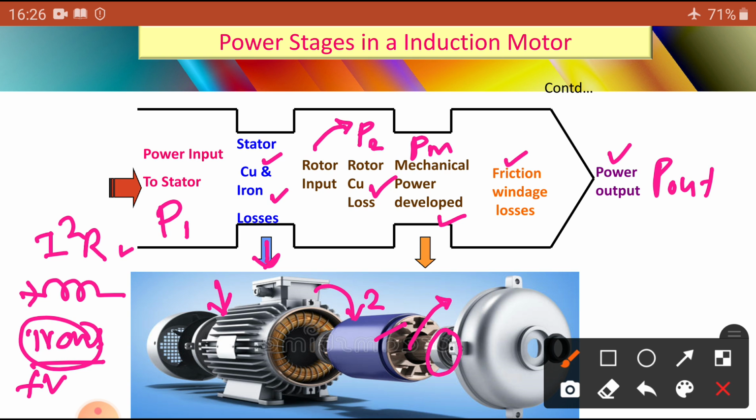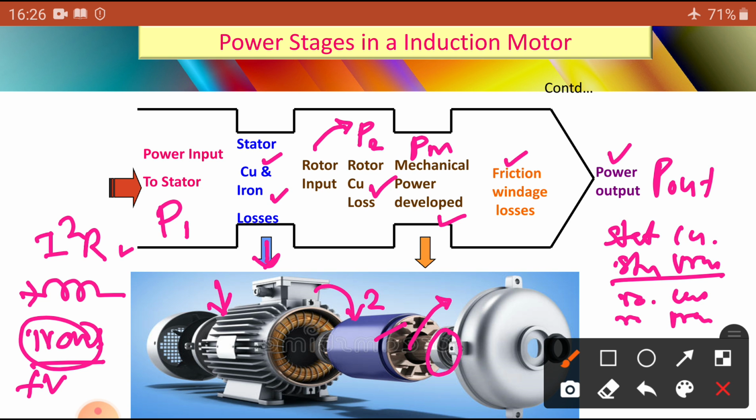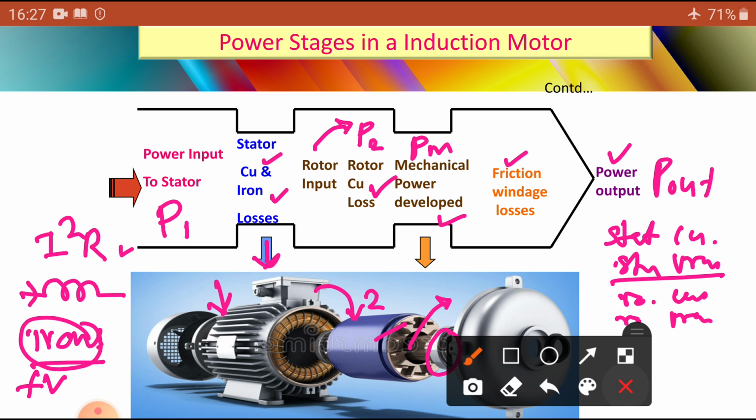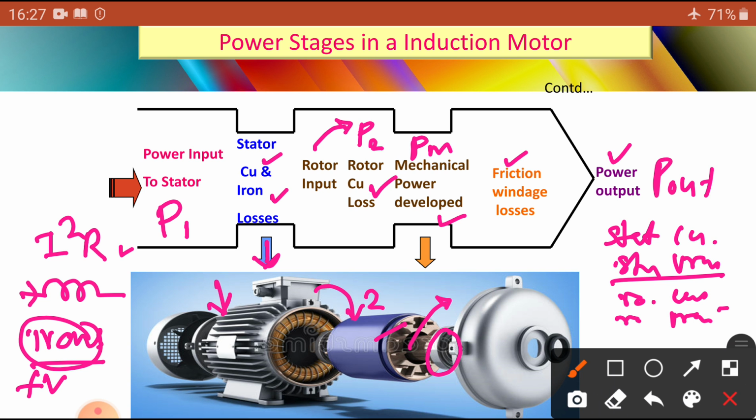The stator has stator copper losses and stator iron losses, whereas the rotor has rotor copper losses and rotor iron losses. But rotor iron loss is very small, so we neglect it. After that there are mechanical losses, which we cannot avoid. These are the different types of losses in an induction motor from start to end.